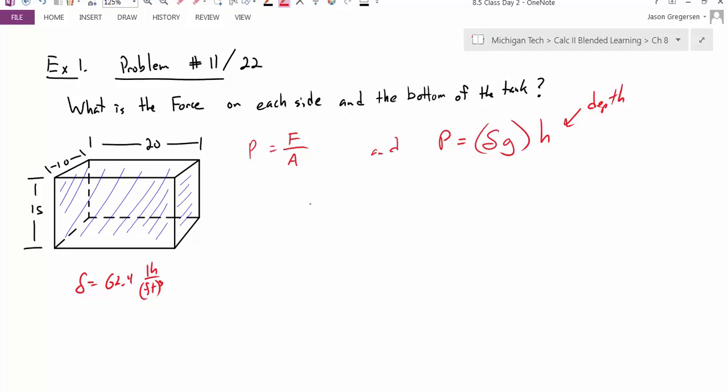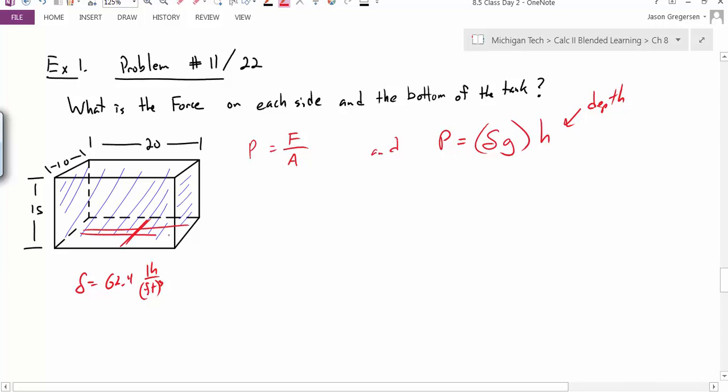All right, I'm not going to give you too much time for this one because I want to talk about it. We're setting up this problem. Should I cut my slices this way or should I cut my slices this way?